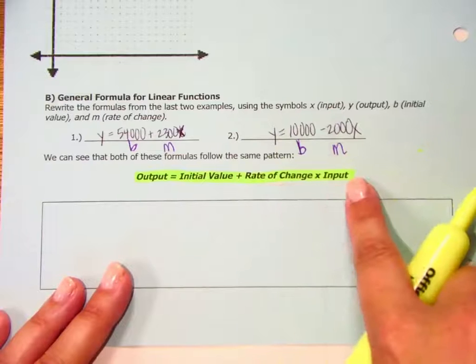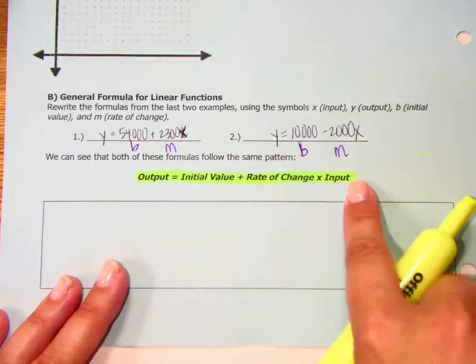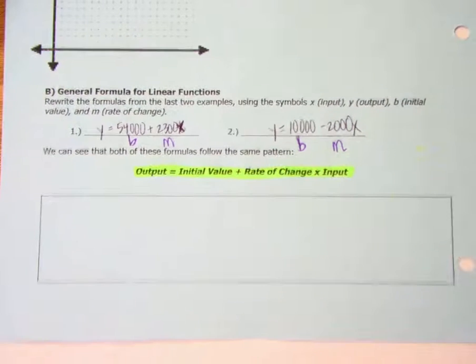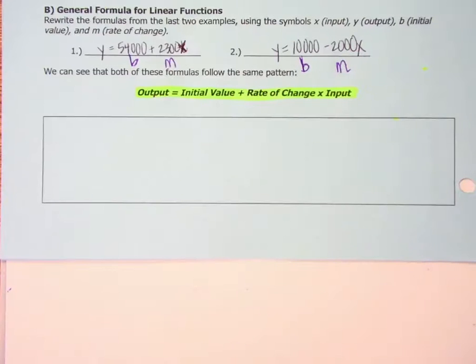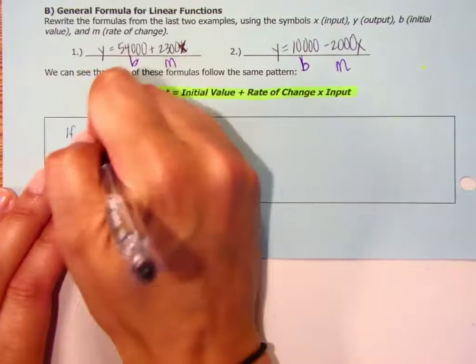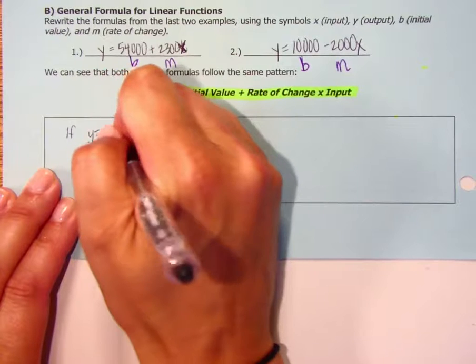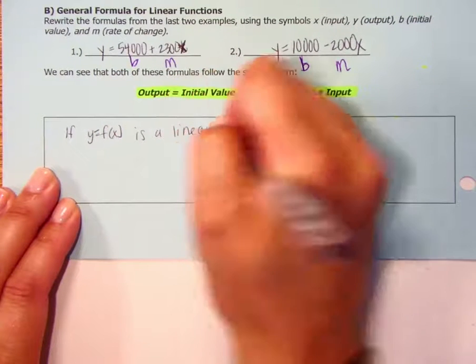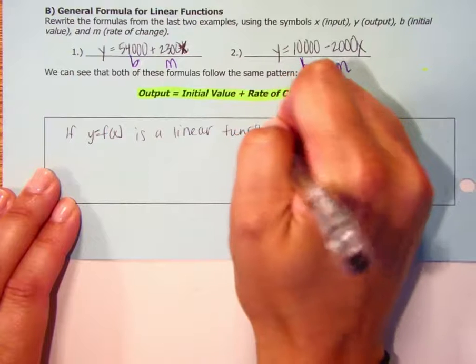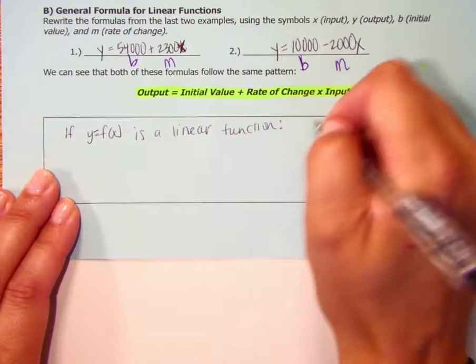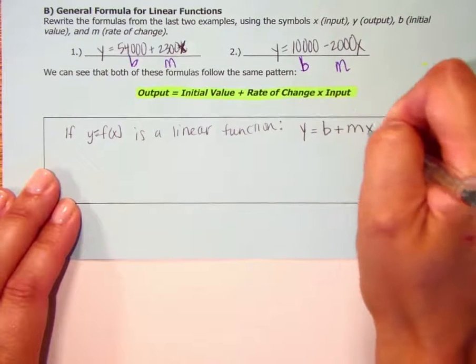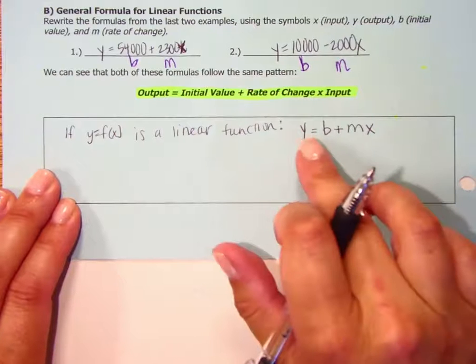Our linear functions are going to follow that general form. So if y equals f of x, and that is a linear function, then in general, y equals b plus mx.